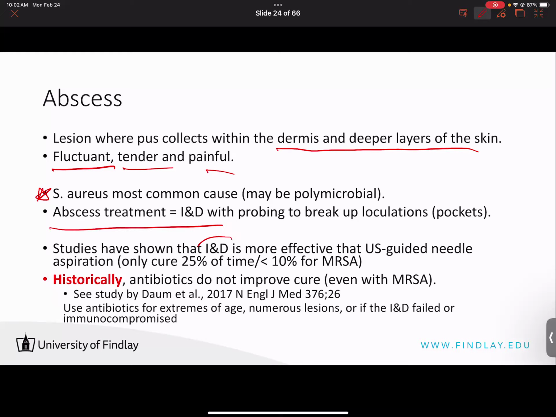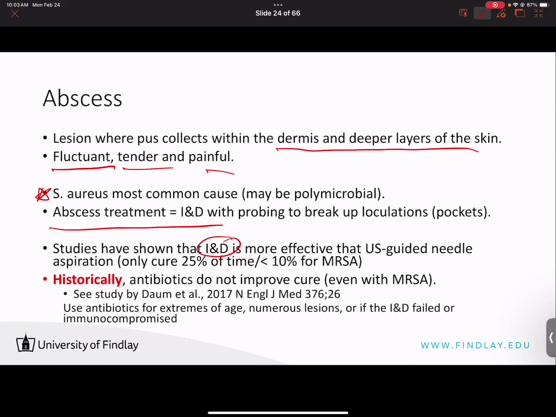Okay? Incision and drainage is far more effective than needle-guided aspiration. There's no question about it. And if we went back in time 10 years ago, probably, I don't want to say regardless of the lesion size, but for most lesions, an incision and drainage was all that was really recommended, especially for smaller lesions. Things have changed. They've done a lot of studies over the years to look at the impact of antibiotics after incision and drainage versus incision and drainage alone.